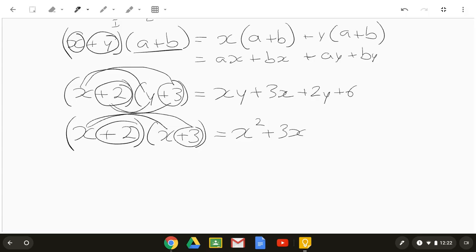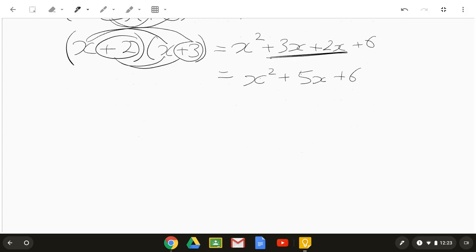Then we take our plus 2 and multiply it by the x, plus 2x, and our plus 2 times plus 3, which is plus 6. Now the big difference here is that these ones here are like terms. So we can add our like terms up. x squared, 3x plus 2x is 5x, plus 6. And there we go. We've solved that one.